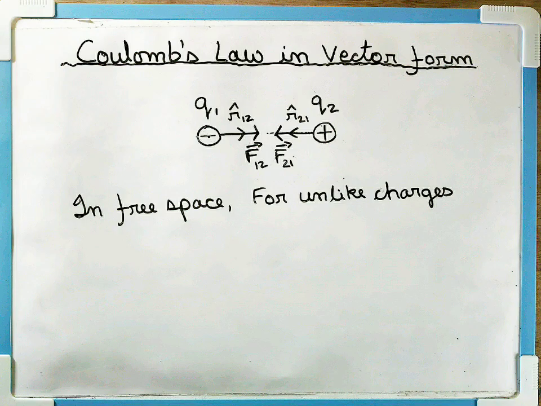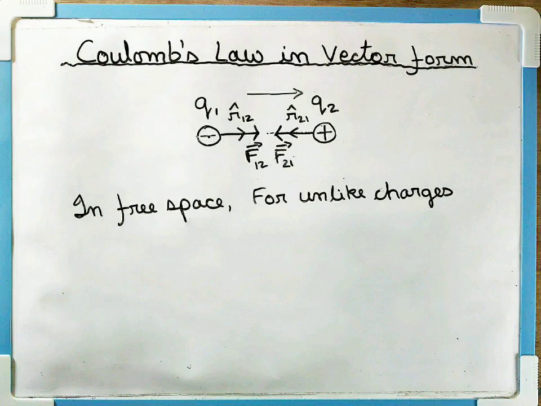You can see that the unit vector R cap 12 is in the direction of the force F21. So we can use this unit vector R cap 12 to specify the direction of the force F21. So what we have here is that F21 is equal to the magnitude of the force times the direction, which is given by this unit vector R cap 12.